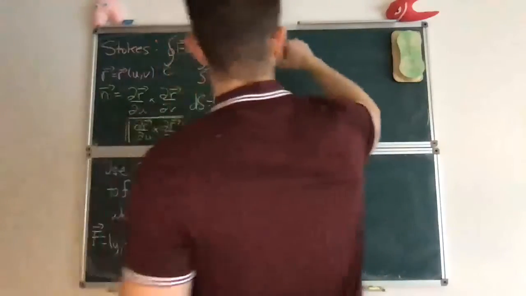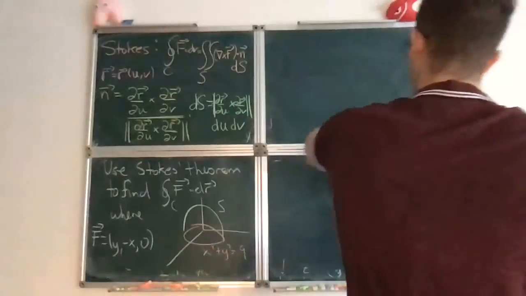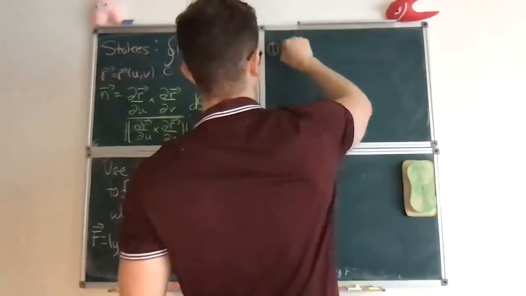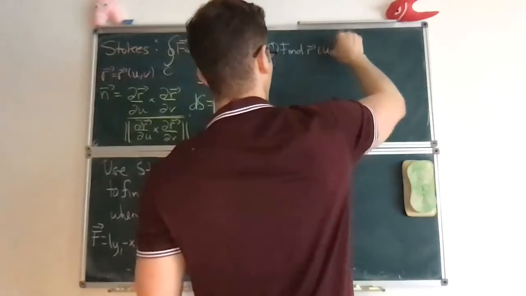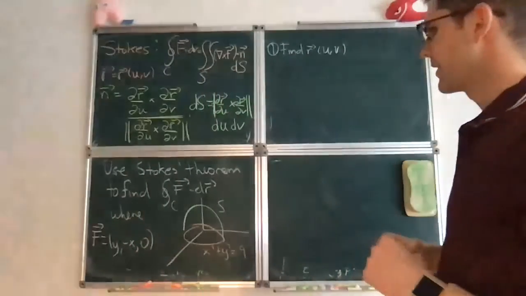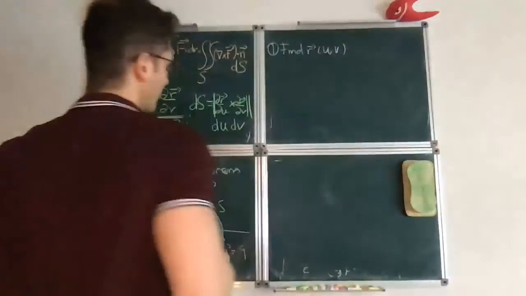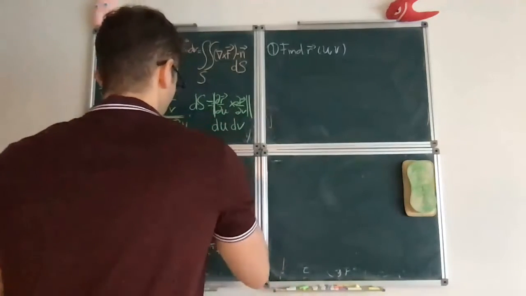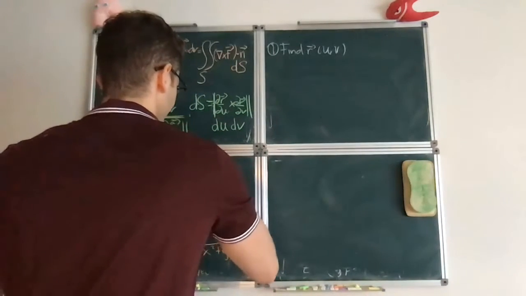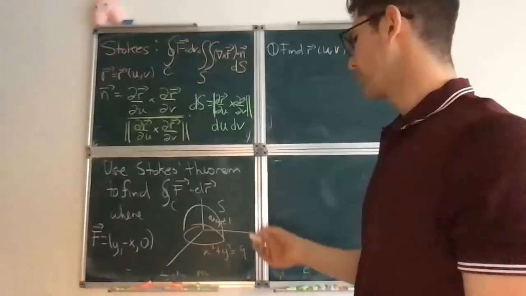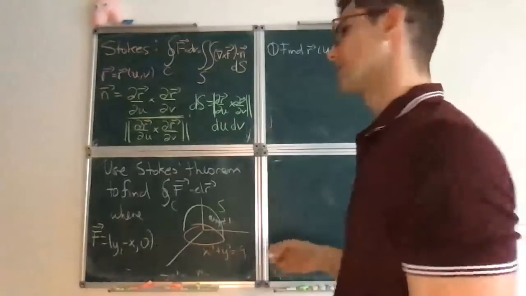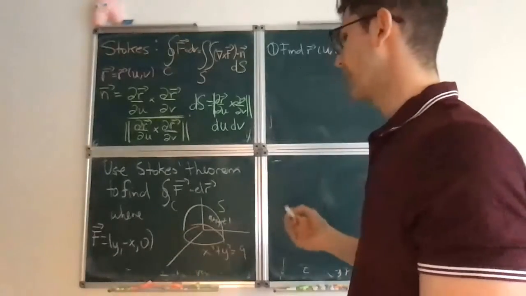And so the first step for Stokes theorem is always to find r. Usually the idea here is that you have to think that you're going to specify any point on the surface in terms of two variables. What we want to do is use coordinate systems that we have studied in the past.